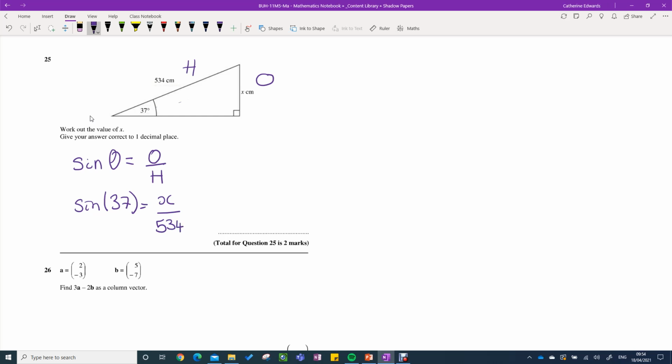So I've got sine 37 equals x divided by 534. I'm going to multiply by the denominator, so I've got 534 times sine 37 into my calculator.